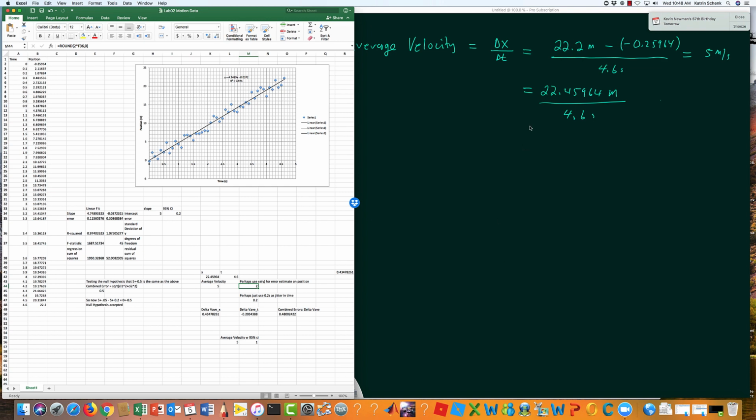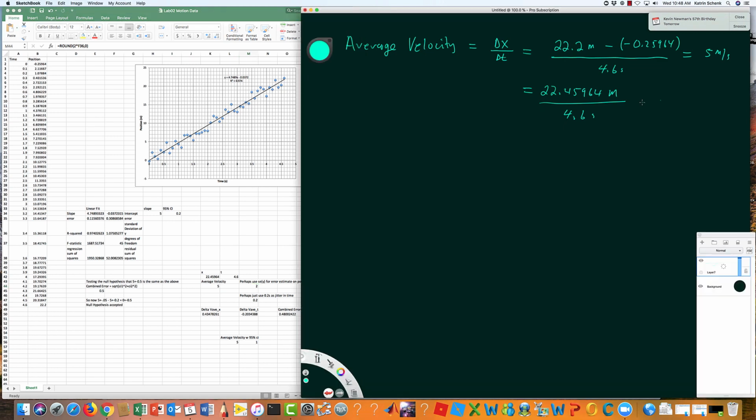So this guy here, we said, was 5. Let's write that down again. My average velocity has some error because this has error, and it has some error also because this has error. We want a plus or minus something here.